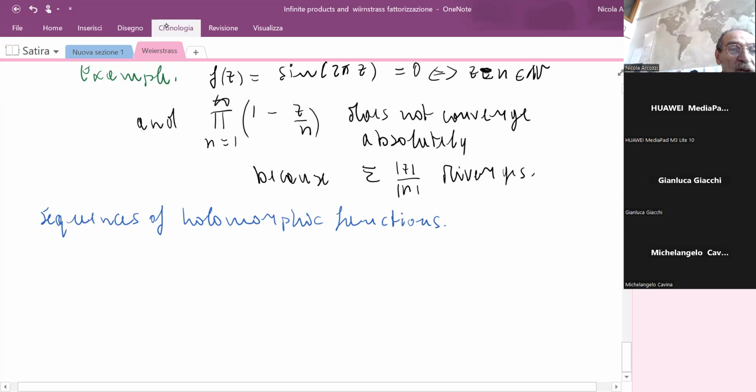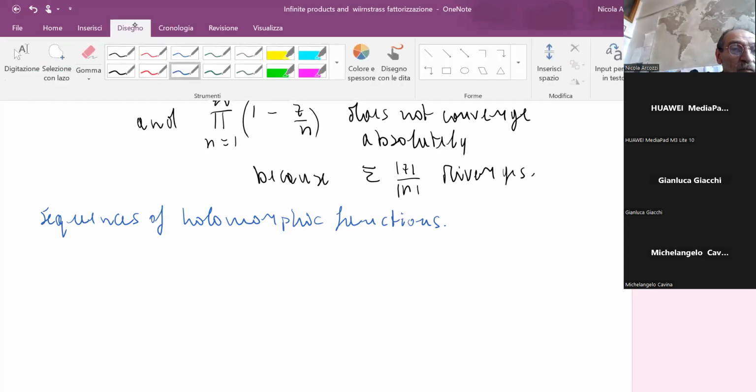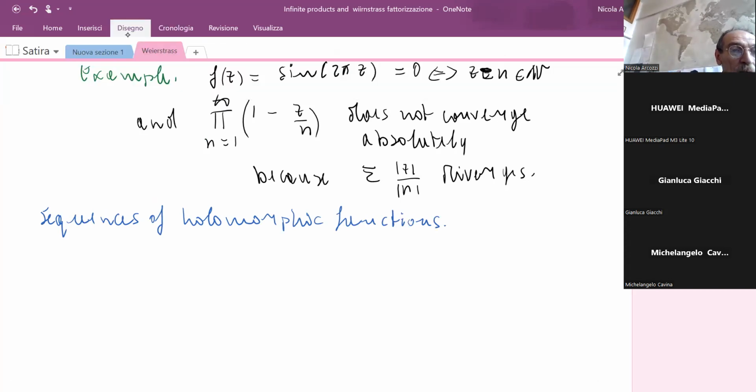Okay, so this is a theorem by Weierstrass.